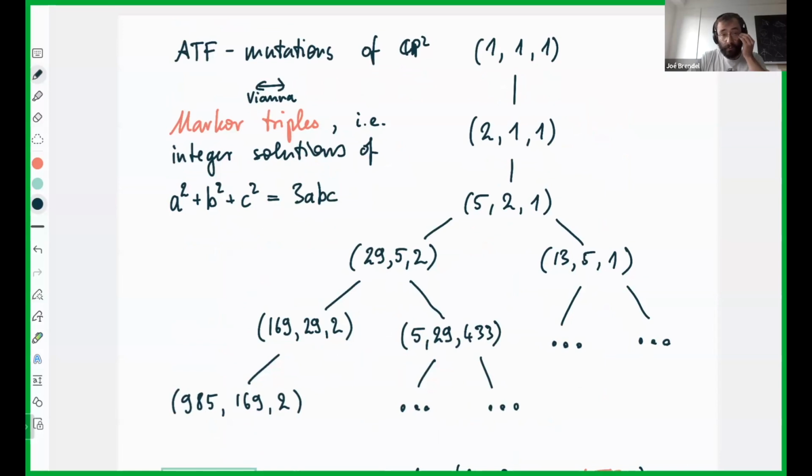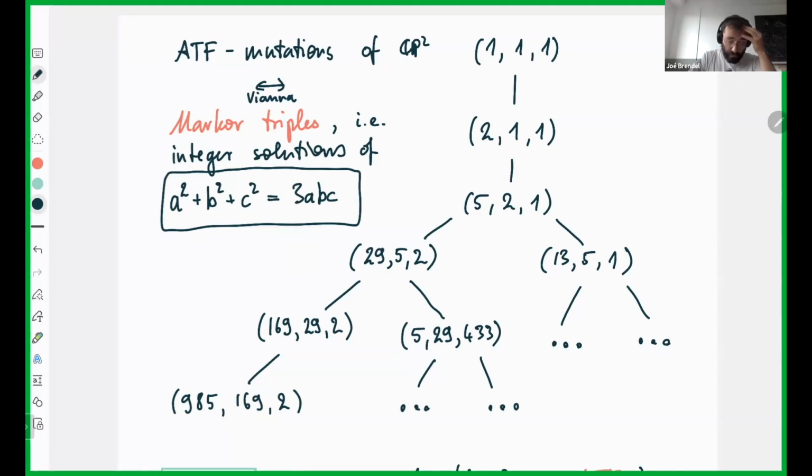This was very well understood by Viana, that the almost toric mutations of CP2 are in bijection with Markov triples. So they are integer solutions to this Diophantine equation.